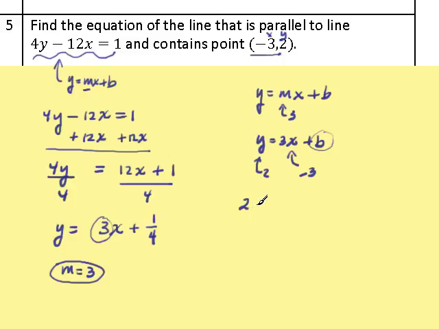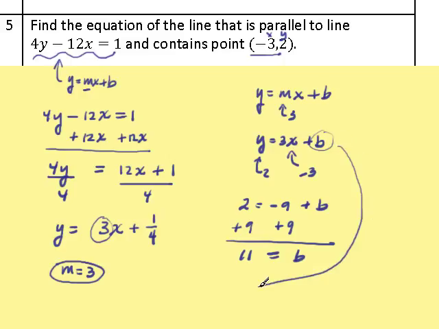And that is 2 is equal to minus 9 plus b. Okay, add 9 to both sides, and we have 11 is equal to b. And now let's complete this equation that we started, and we have that y is equal to 3x plus 11.